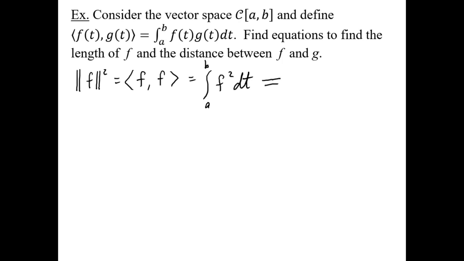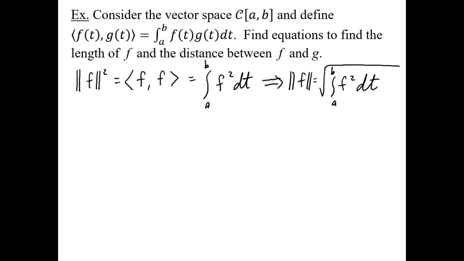And so this tells me that the length of f is the square root of that integral from a to b of f squared dt. That's a pretty weird thing to do. But I mean, the definite integral is a number. At least it would be if we had numbers for a and b and a function for f. So square rooting that number makes sense.